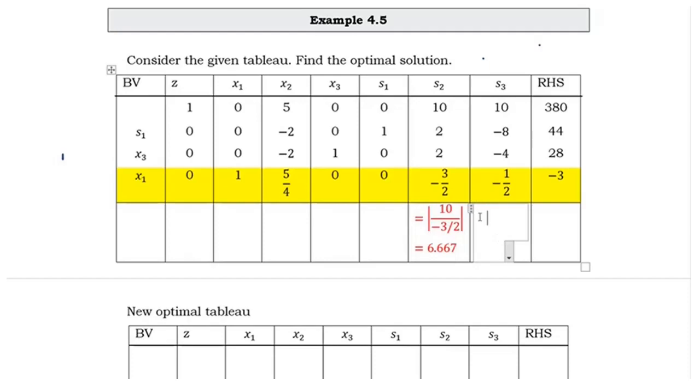S3 has ratio 20. The smaller ratio is the S2 ratio. We use ERO to enter S2 into the basis in row 3.